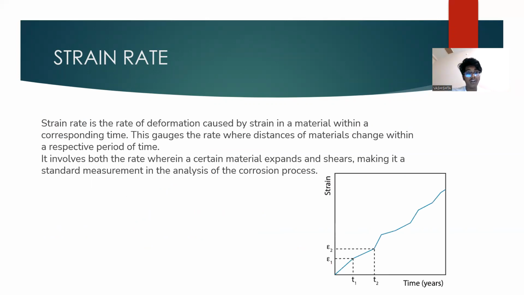Strain rate is the rate of deformation caused by strain in a material within a corresponding time. This gauges the rate at which distances in materials change within the respective period of time. It involves both the rate at which a certain material expands and shears, making it a standard measurement in the analysis of the deformation process.